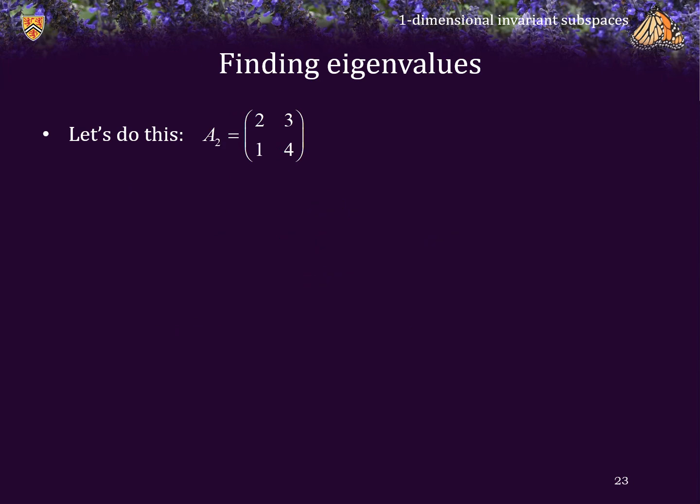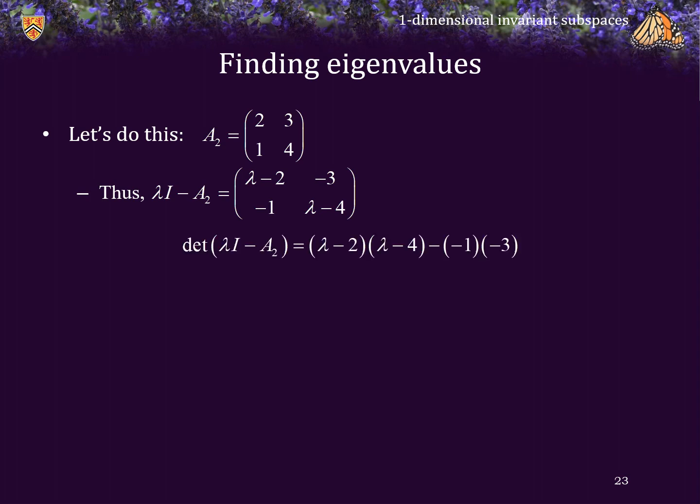Let's try it again with a different matrix. 2, 3, 1, 4 now. So once again, lambda times the identity matrix minus this matrix is simply the matrix lambda minus 2, negative 3, negative 1, and lambda minus 4. Taking the determinant of this, we simply get lambda minus 2 times lambda minus 4 minus negative 3 times negative 1.